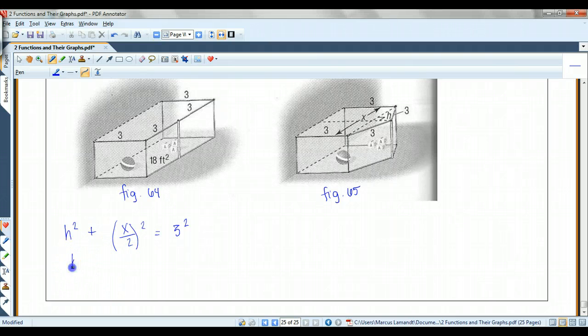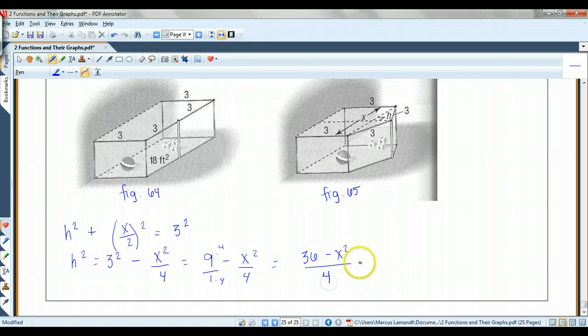I've got h squared equals 3 squared minus x squared over 4. Okay, and that would equal 9 minus x squared over 4. I'm going to multiply top and bottom by 4 to make it one fraction. So I've got 36 minus x squared over 4.